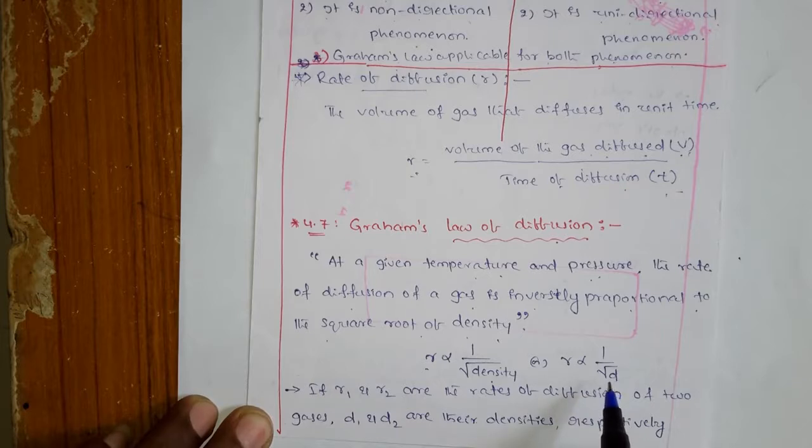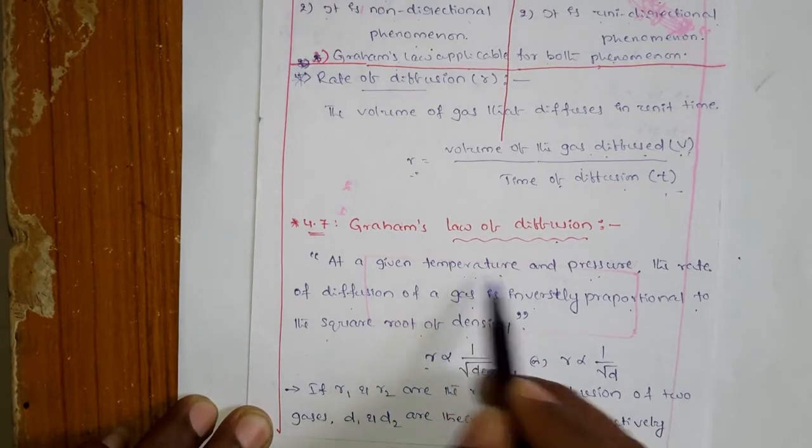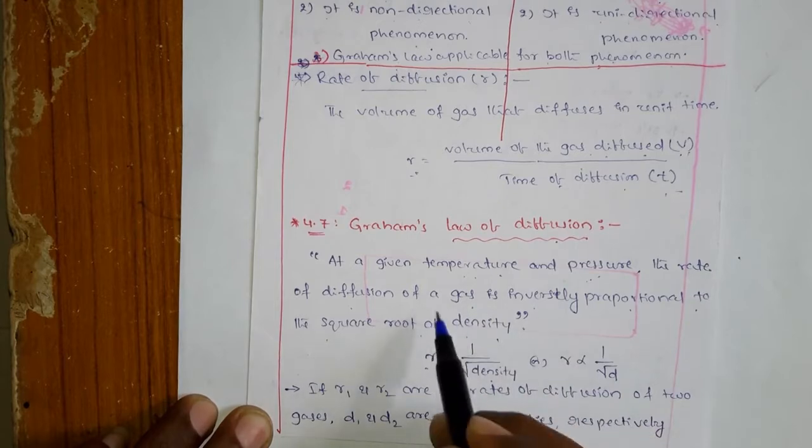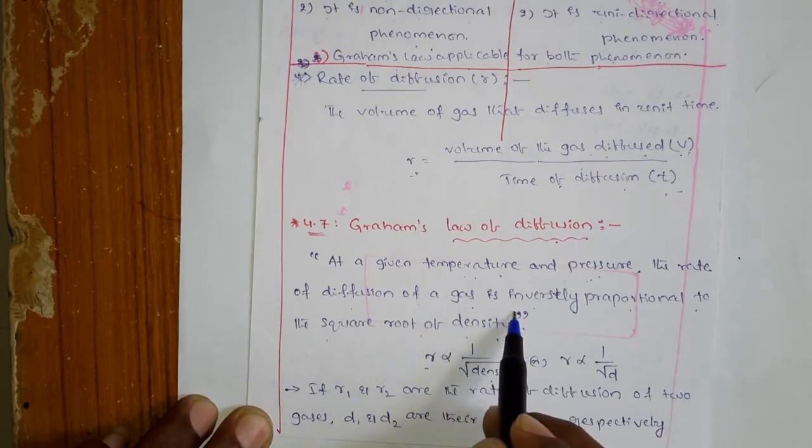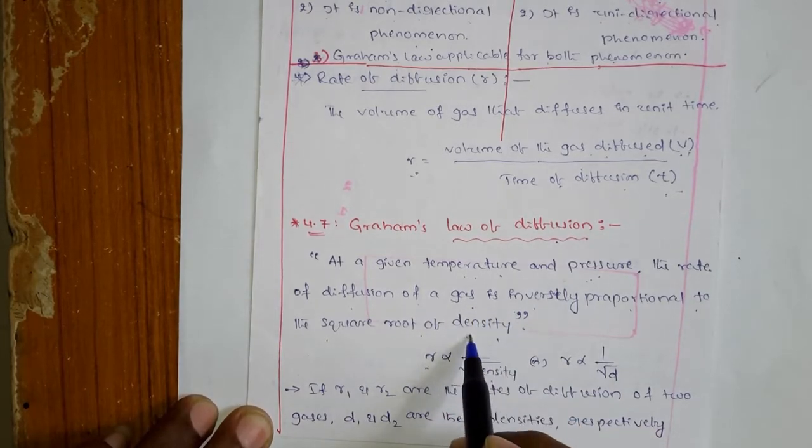Okay, that means at constant temperature and pressure, the rate of diffusion of a particular gas depends upon its density. Is it directly proportional? No, inversely proportional, right?